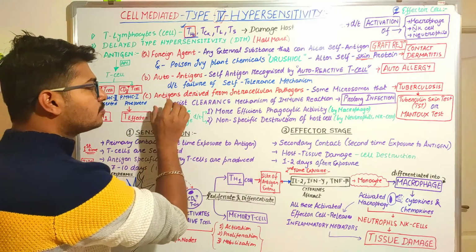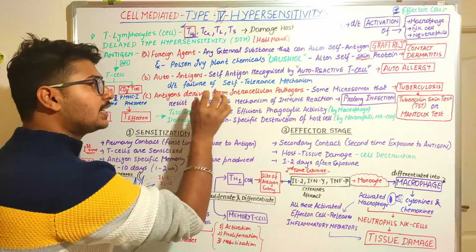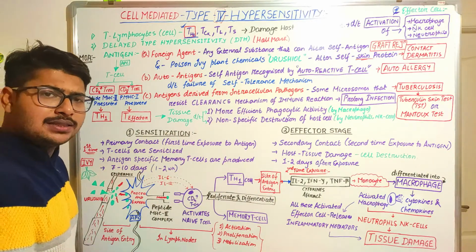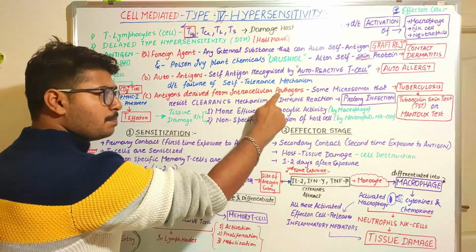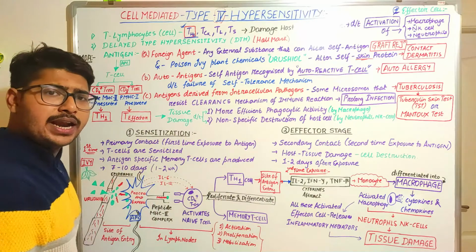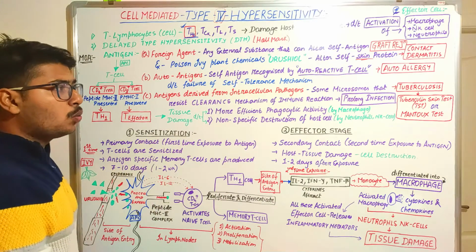The next type of antigen is the antigens that are derived from intracellular pathogens. What do you mean by this? There will be the presence of pathogens, and intracellularly the antigens will be derived from them. What do you mean by this?